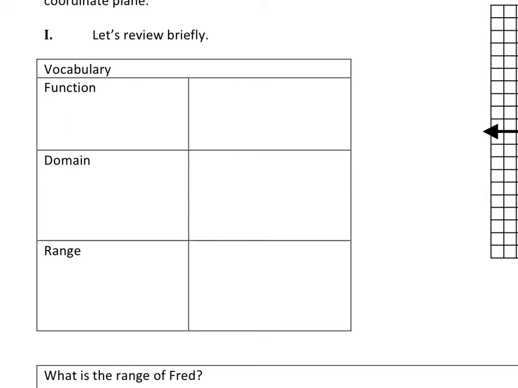If you remember from last year, a function is a relation or a set of points where each input has exactly one output. I'm going to type that in so it'll be easier to see. So it's a relation.